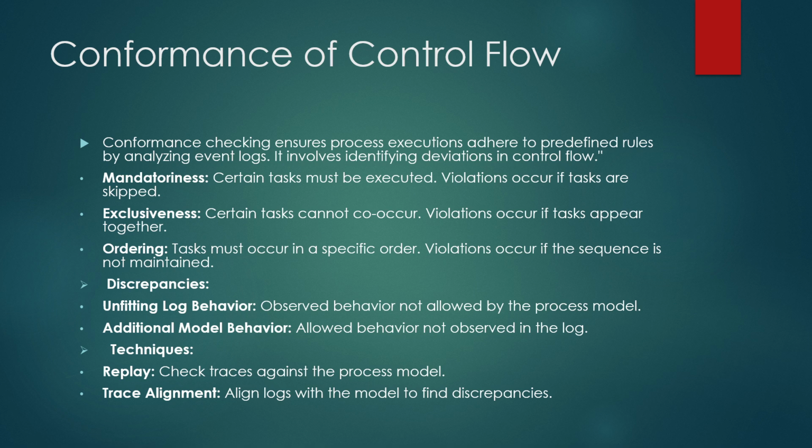We also need exclusiveness, where some tasks cannot co-occur, and violations happen if they appear together in the logs. So we need to maintain that flow. Another is ordering, in which tasks must follow a specific sequence, with violations occurring if the order is not maintained.